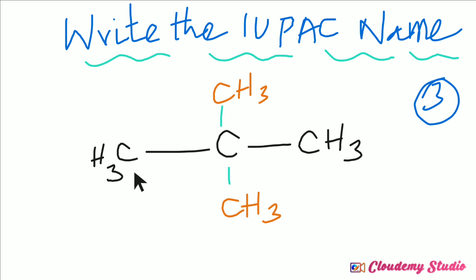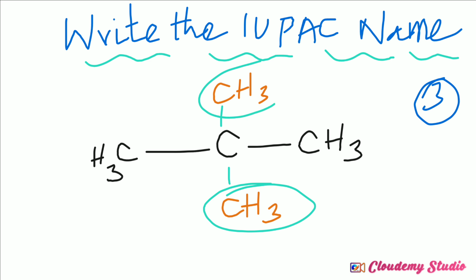I have selected the horizontal way as the main chain or the parent chain. When we select this as the main chain, then this will be the side chain, or we can say substituent.